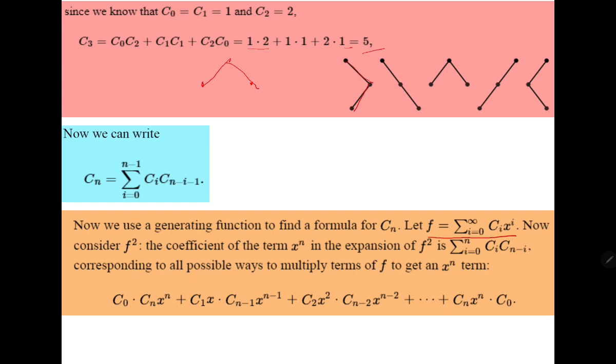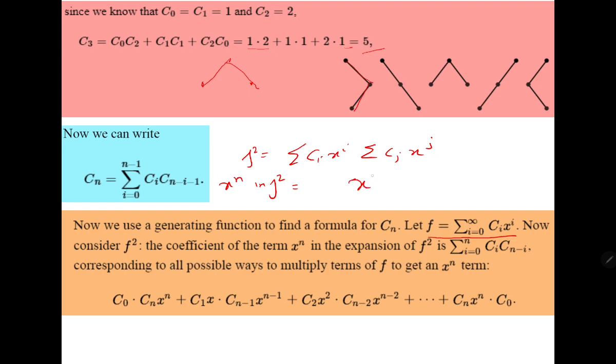Now if I say f square, then f square will be summation Ci x raised to the power i and summation Cj x raised to the power j. Now if I want to compute the coefficient of x raised to the power n in f square, the idea is simple.